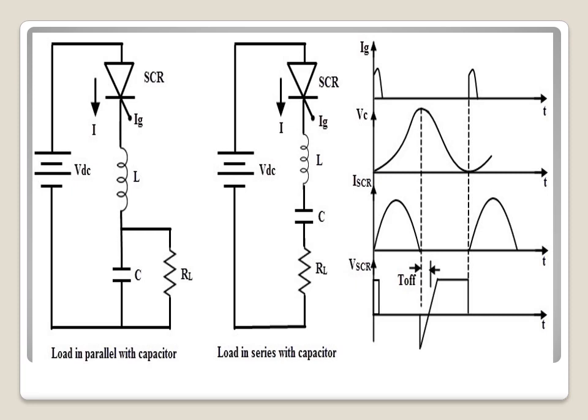In the on state of the SCR, the drop across the SCR will be zero. After the capacitor gets charged up to the supply voltage, the inductor releases its stored energy and opposes the further flow of current. The energy released by the inductor further energizes the capacitor, and this is shown in the waveform.